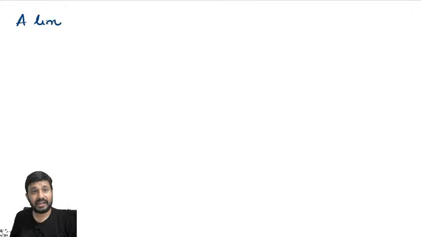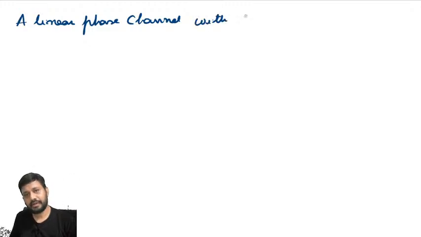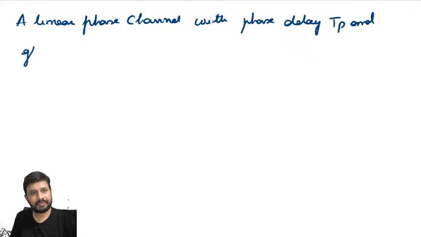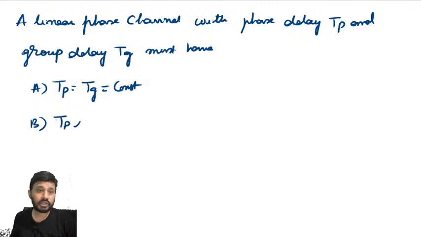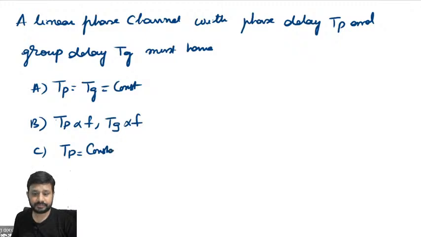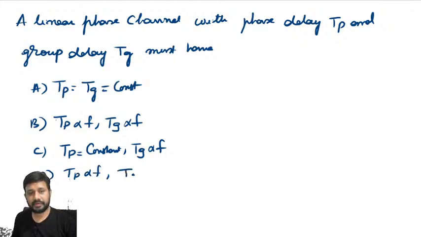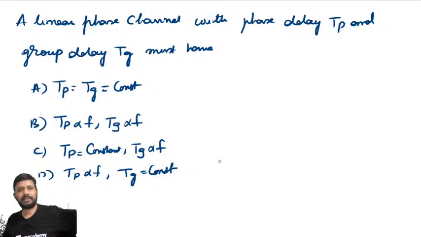A linear phase channel with phase delay TP and group delay TG must have: TP equal to TG equal to constant; TP proportional to F, TG proportional to F; TP equal to constant, TG proportional to F; TP proportional to F, TG equal to constant. Come on, what is the answer? Simple question.